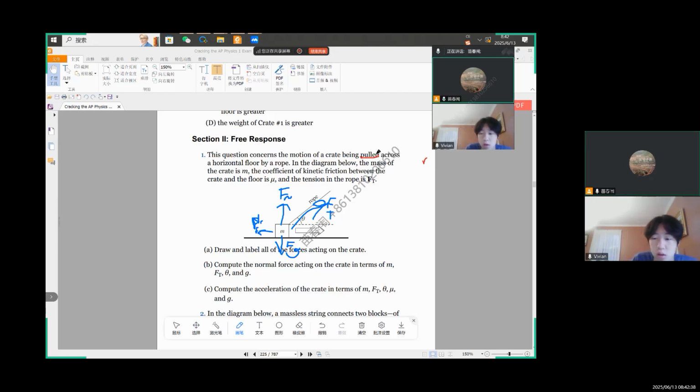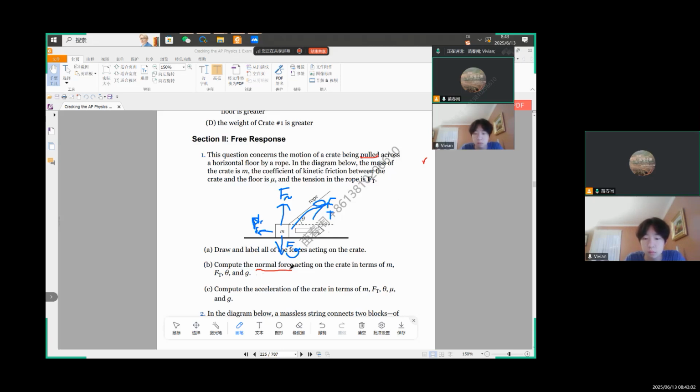So for question B, you want to find a normal force. I said in the beginning, when we learned normal force, not the beginning, actually the end, it's probably making sense. Normal force doesn't really have a formula, and it's not always equal to mg.